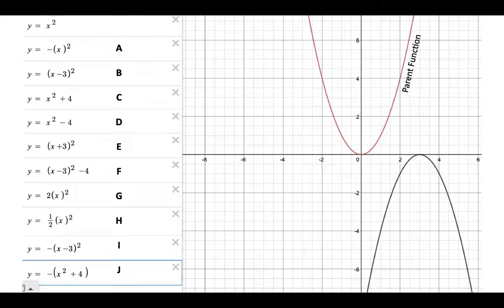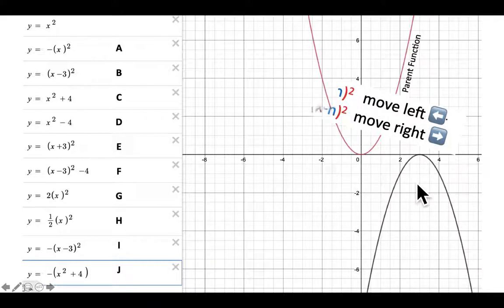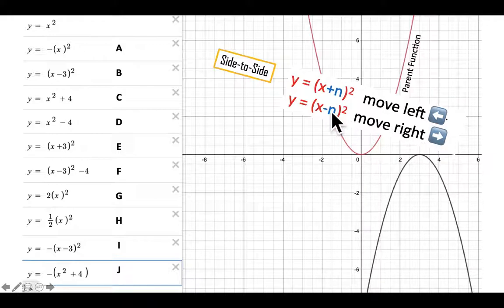This is one where we have two things that have happened. We've had this function transform by moving to the right, so it's moved side to side, and it's flipped over, so it's reflected. So the side to side pattern that we want to find is, since it's moved to the right, it's going to be a subtraction.